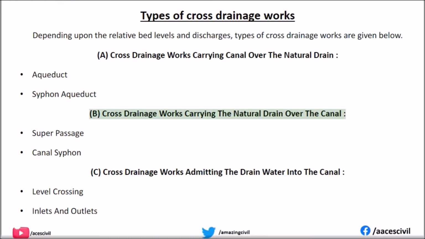B. Cross-drainage works carrying the natural drain over the canal: superpassage, canal siphon. C. Cross-drainage works admitting the drain water into the canal: level crossing, inlets and outlets.